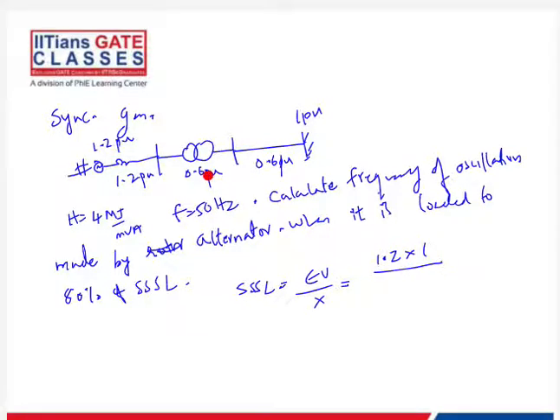What is X? 1.2 plus 0.6 plus 0.6, that is 2.4. That becomes 0.5 per unit.